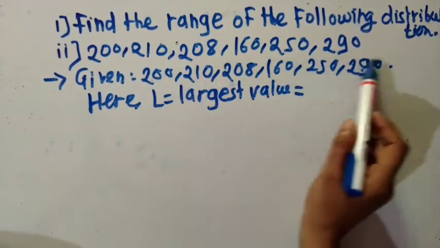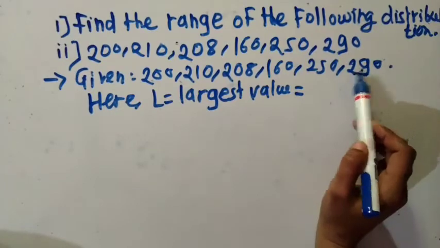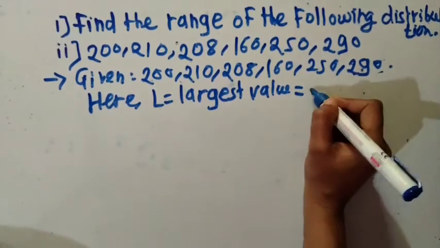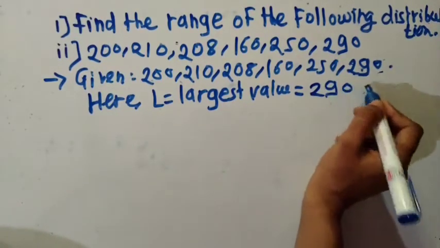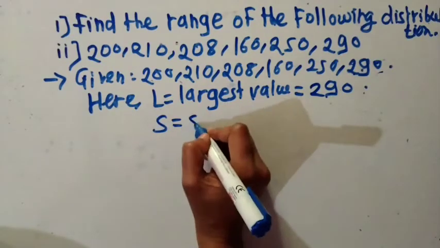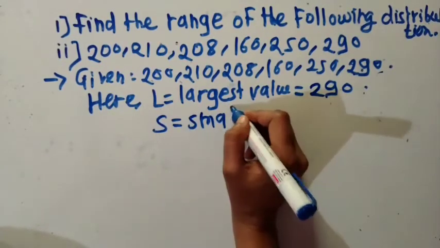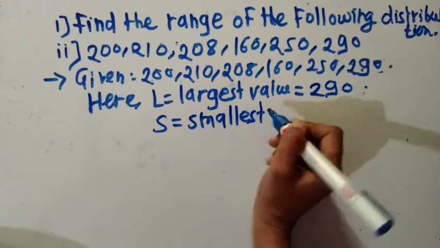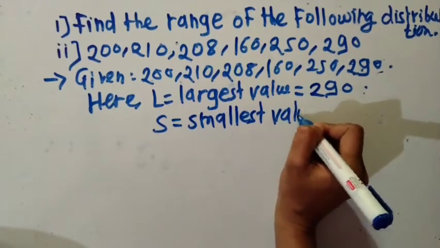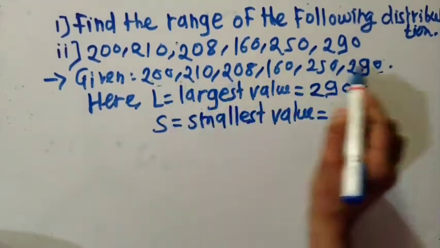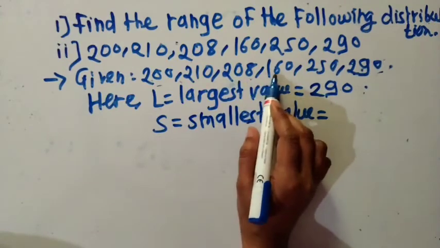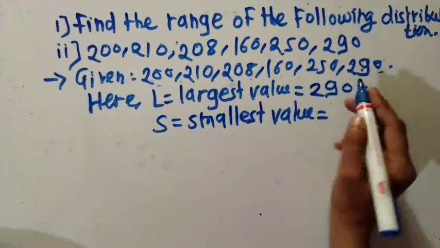Here largest value is 290 and S is the smallest value, which is the smallest value in this data? So smallest value is 160.